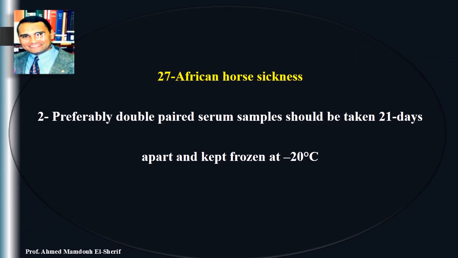The second sample in a case of African horse sickness suspicion: preferably double-paired serum samples should be taken 21 days apart and kept frozen at -20 centigrade.